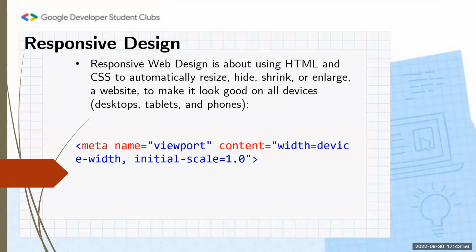So if you have a website which shows up on your phone, it makes sure that it doesn't skew any of your grid designs or any of your layouts.